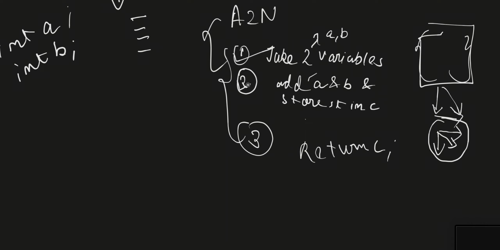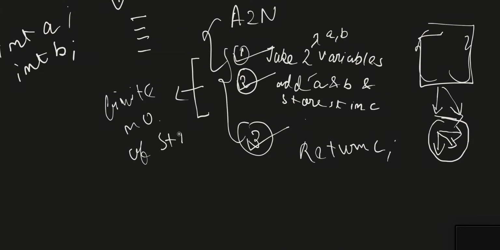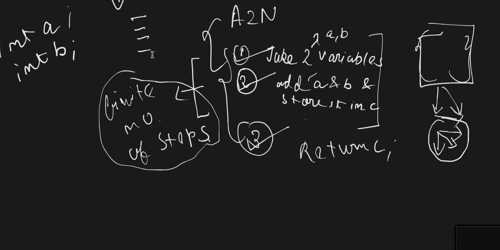Second, we have to add both the variables A and B and store it into C, and then we have to return C. So what is happening here is that I have constructed this into a finite number of steps, so that an infinite number of steps become a finite number of steps. So this is what an algorithm has to be. This point covers the properties of an algorithm. We will see in just 1 minute.